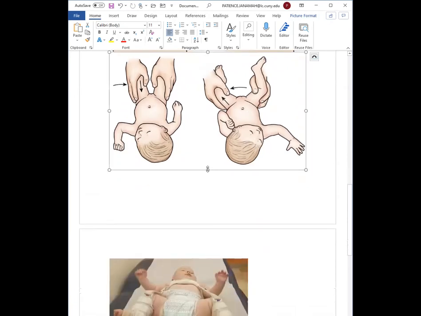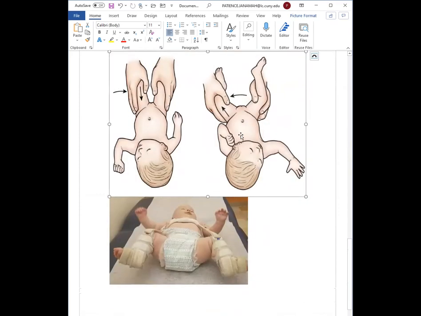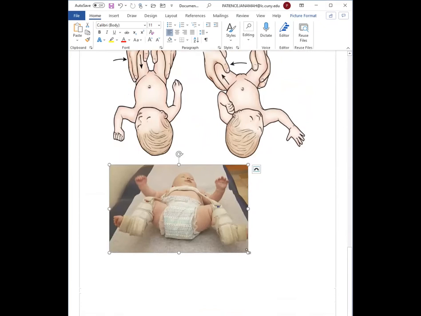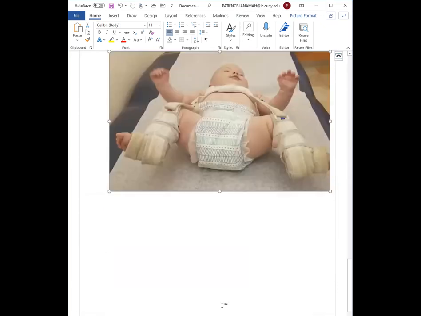This is how the doctor will assess a baby who has hip dysplasia. When they hear the click, the diagnosis is made. Sometimes you can obviously see that the skin folds are uneven, usually in baby girls. The positioning of the child is also a risk factor. This is a real picture of a baby in that, and you can see the traction.